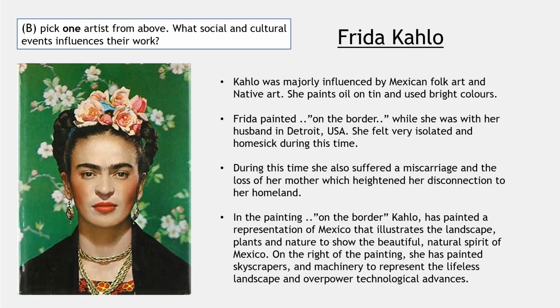It could be talking about the imagery of pollution in the painting. It could be talking about how she's holding the Mexican flag and how her dress links with the colours in the plants. But all these things can be mentioned about the painting as long as it links back to the stuff that was happening in Frida Kahlo's life at that time.